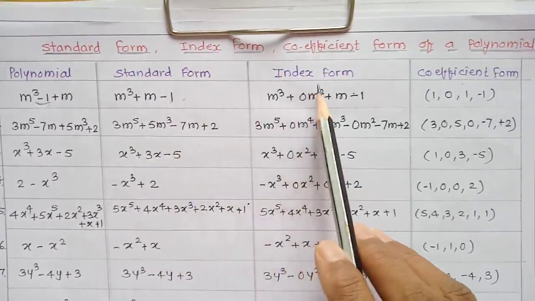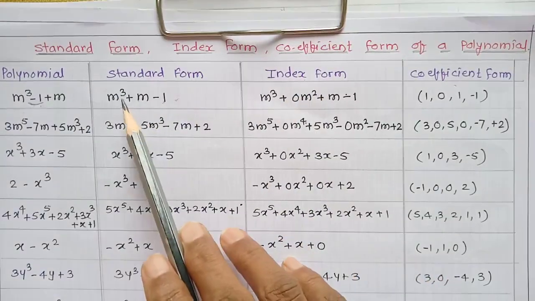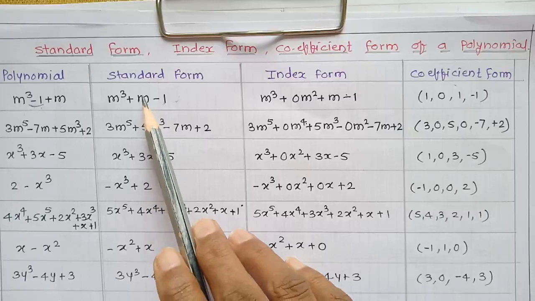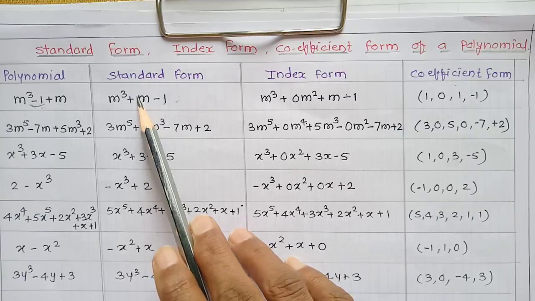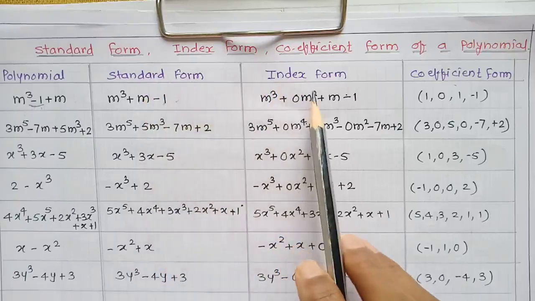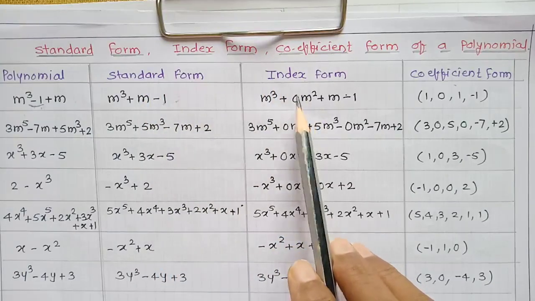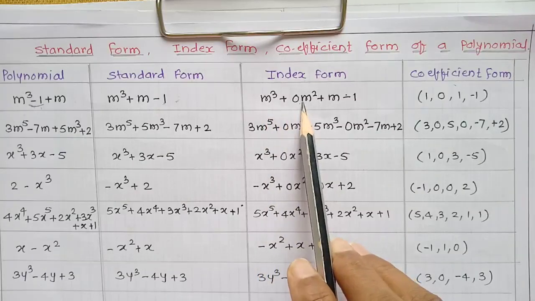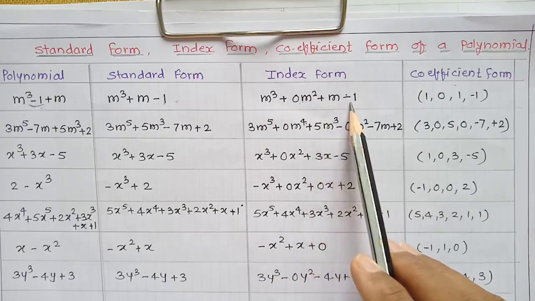Now what is index form? In this index form, see here, after m cube we don't have any term present having the index 2. So we have to consider that, and therefore we write it as m cube plus 0m square plus m minus 1.